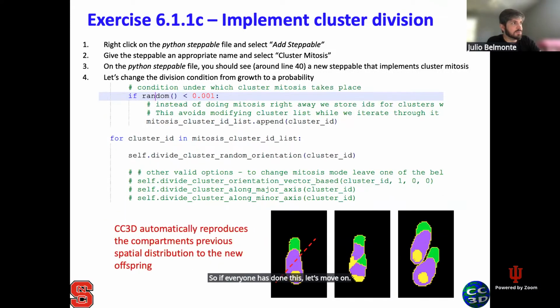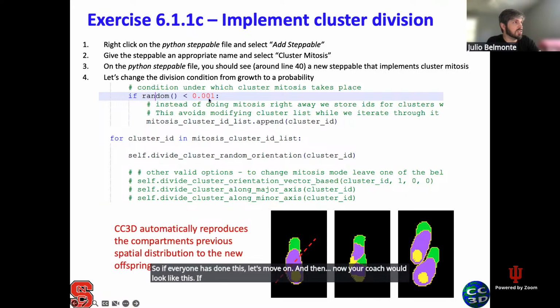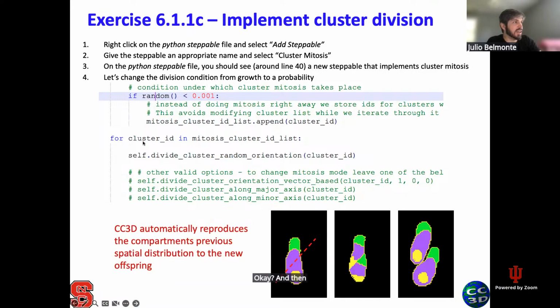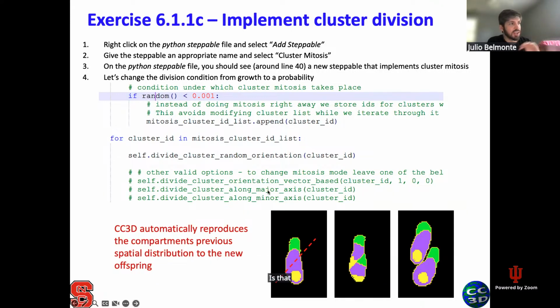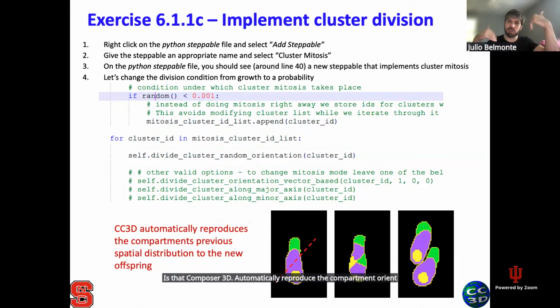And then now your code should look like this, if random less than 0.1, okay? And then what it does is that you use the divide cluster orientation. And what it does is that CompuCell3D automatically reproduces the compartment orientation on the two daughter cells.